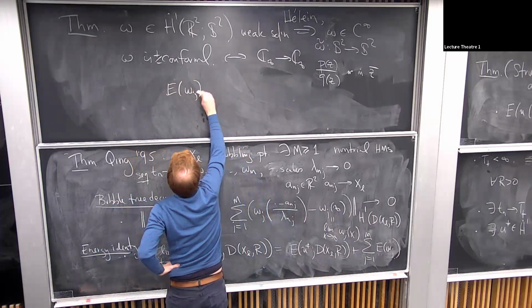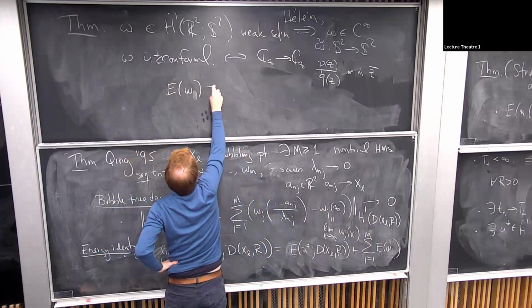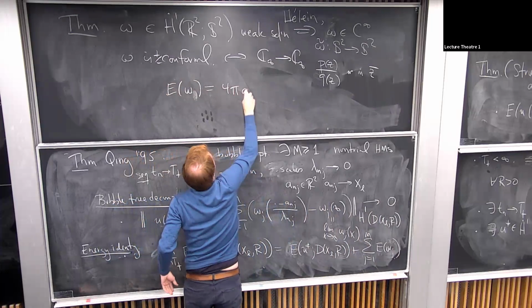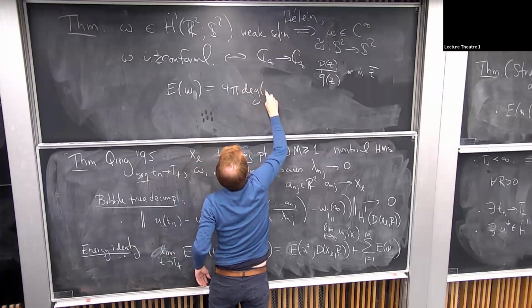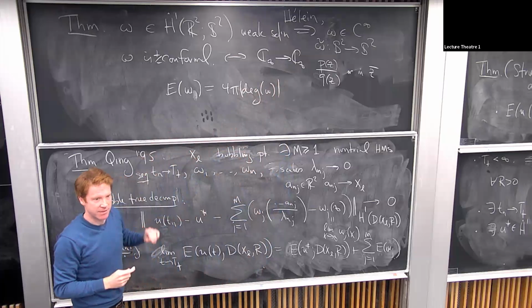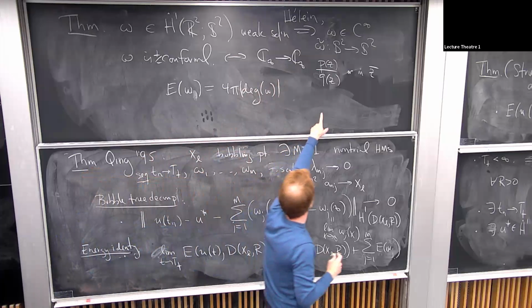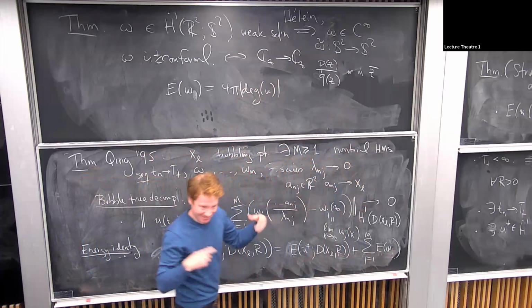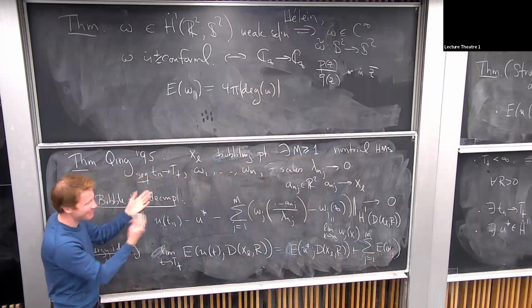The energy of harmonic maps, if I have a harmonic map omega, is equal to 4 pi times the degree of omega, where degree is any notion of degree, like they all coincide. In this case, it's a smooth function, so the degree is the Brouwer degree, any degree you like. We're in a nice smooth setting.